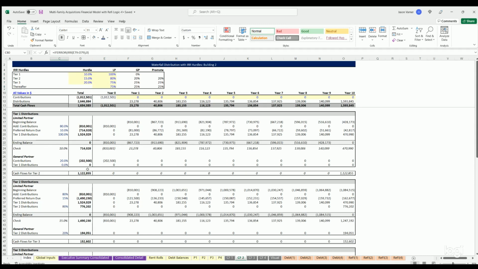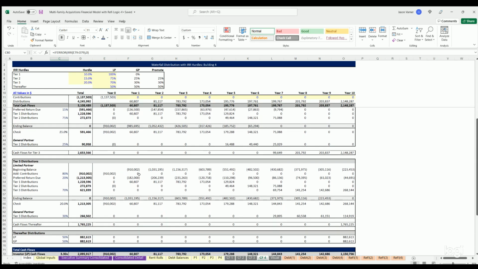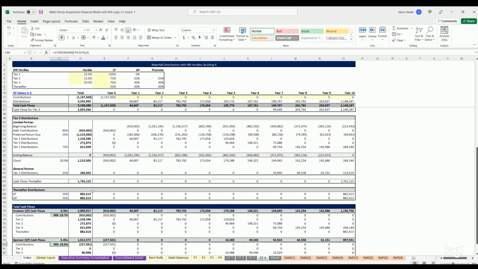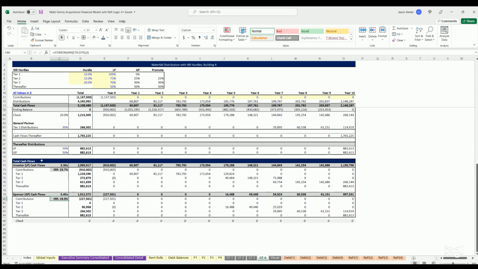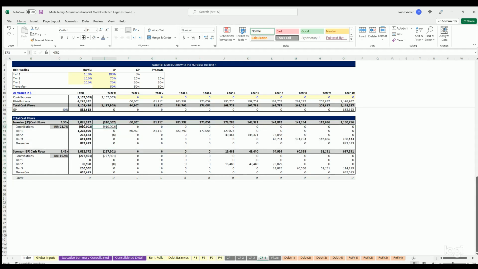And you can define it separately for each deal property. And it just shows you basically tier 1, tier 2, tier 3, and then thereafter the splits. And then you can see this is basically consolidating everything that's happening up here all into one nice easy thing. So you can see here's the contribution row, here's cash flows for tier 1, tier 2, 3, and 4.